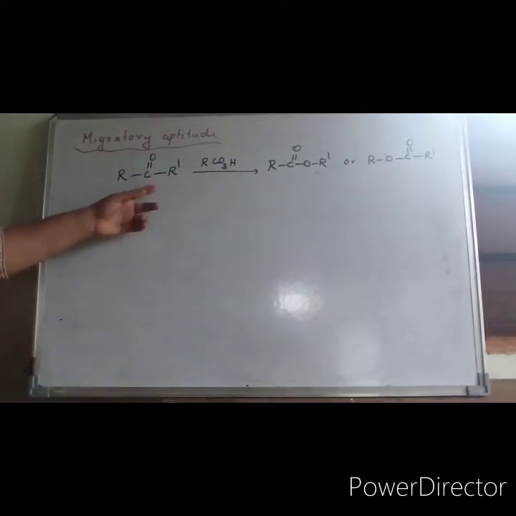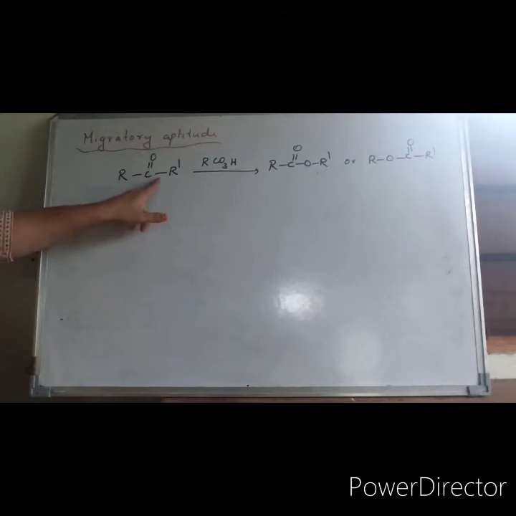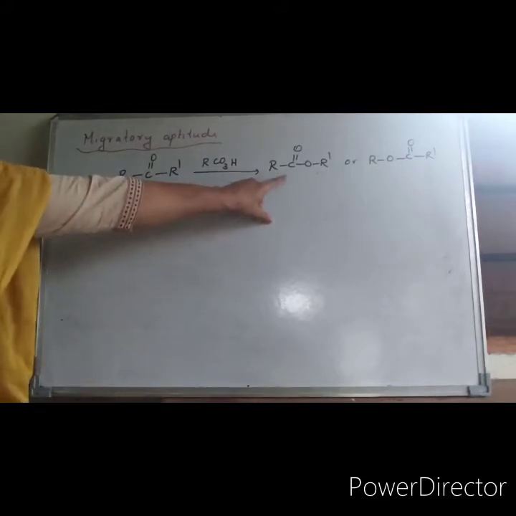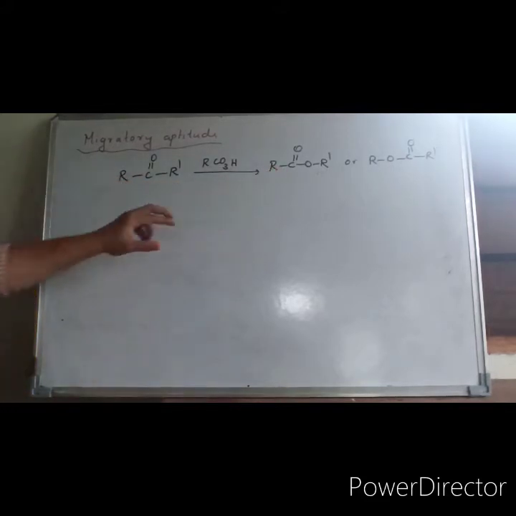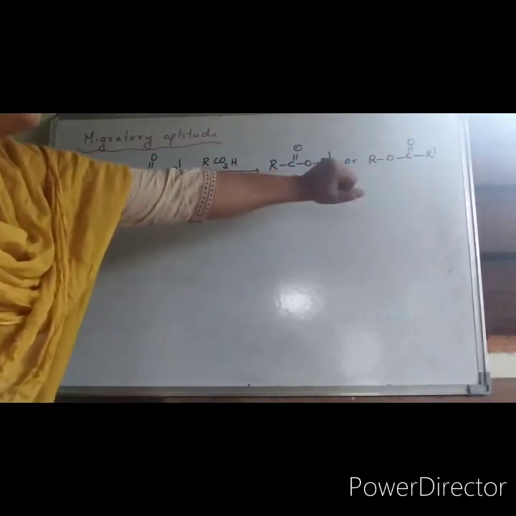So you can have either R dash migrate, so that the oxygen will be coming between this carbon and R dash. So you will be getting product in this manner. Or you can have this R group migration. So the oxygen will be inserting between this carbon and R group. So you will be getting R-O-CO-R dash.